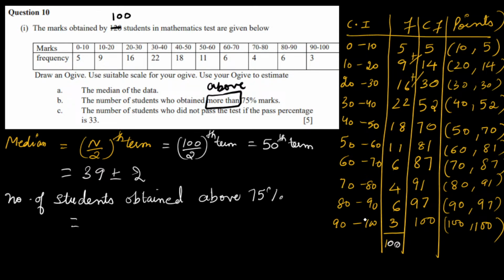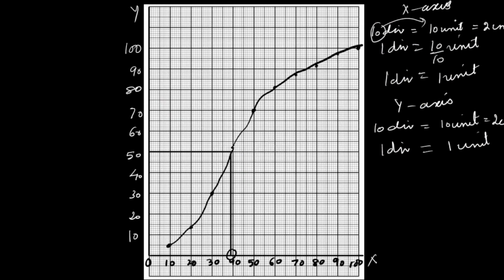75% means 75 only, because 100 is the maximum.